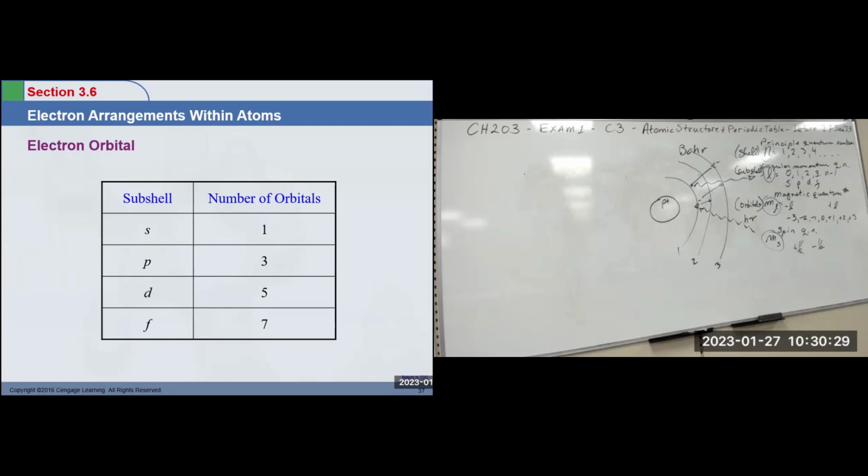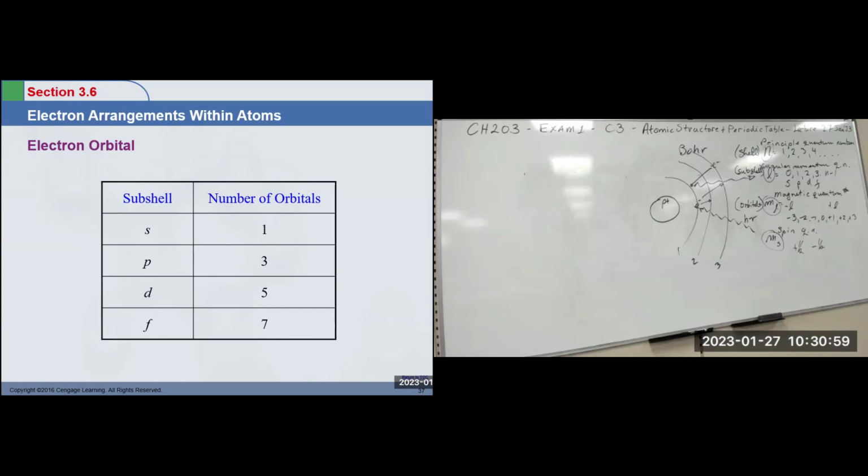We have 5 orbitals with 2 electrons each is 10 electrons, which is 10 protons also. So you're filling 1, 2, 3, 4, 5, 6, 7, 8, 9, 10 electrons. So these are the S orbitals filling, these are the P orbitals filling, these are the D orbitals filling. Okay. So we got 1 left, right?